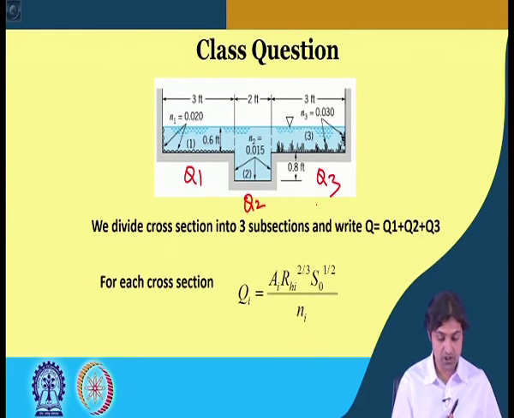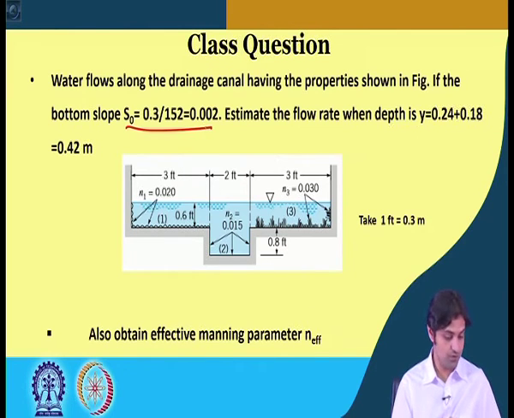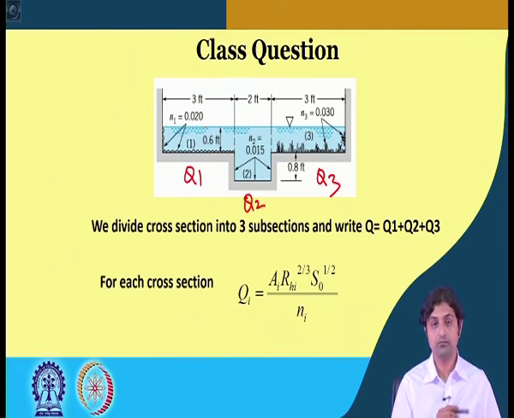For each subsection Qi, we use Manning's formula, Ai into RH to the power 2 by 3 into S naught to the power half, divided by Ni. S naught is common for all, and it was given as 0.002. So, we find Q1, Q2 and Q3.